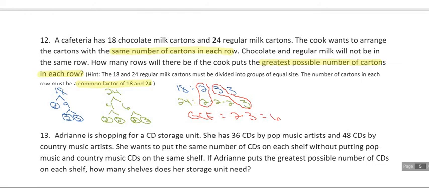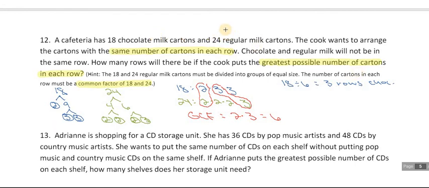Now here's the thing, what is it asking? It's asking how many rows will there be? So if the GCF is 6, it means each row will have 6 milk cartons. Now if we're talking about the chocolate milk, 18 chocolate milk cartons divided by 6 in a row gives us 3 rows of chocolate.